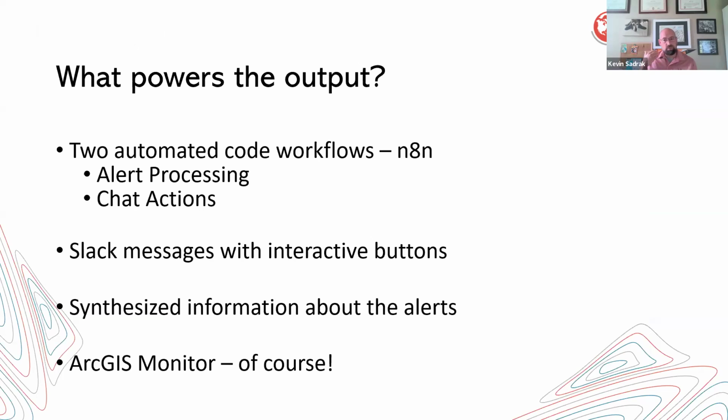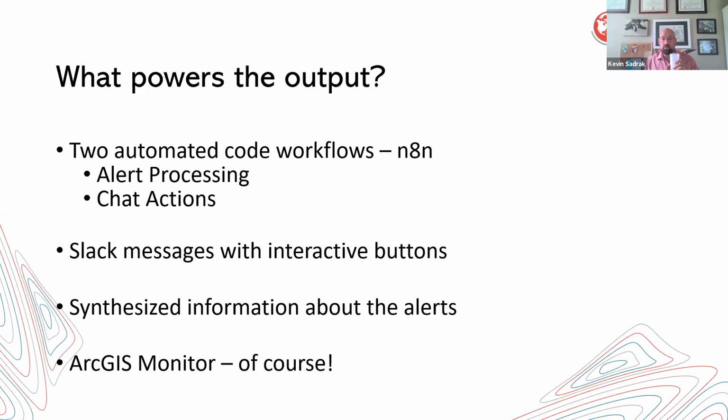So to explain that, you see the output first; what is behind the scenes powers that output. I'm using something called N8N, an automated code workflow. If you haven't used N8N, think Zapier, think Power Automate. There are two workflows there. One workflow processes all the alerts from Monitor, and the other one handles all the chat interactions.